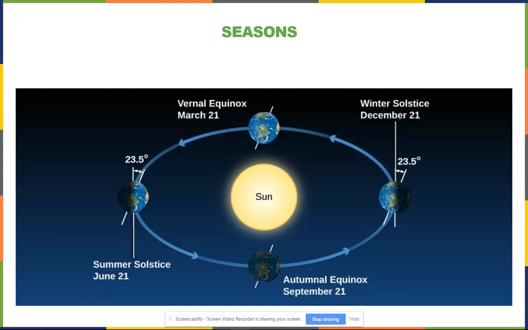So if we have the pole of the Earth point as far away from Clayton as we can, then that's going to be our winter solstice. Half a year later, when the point of the Earth is as close to the point of Clayton as can be, that's the summer solstice.